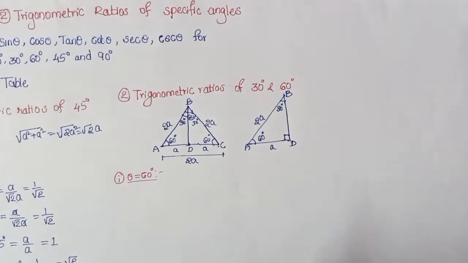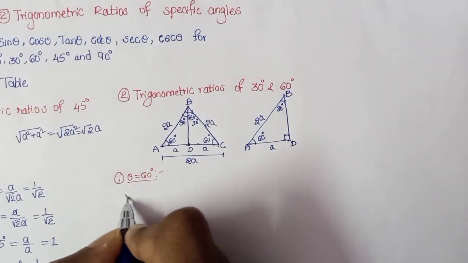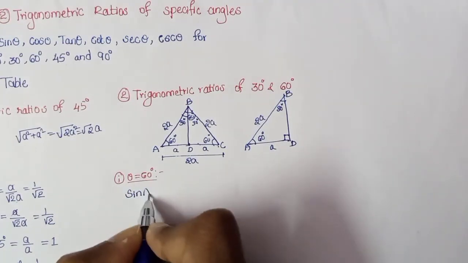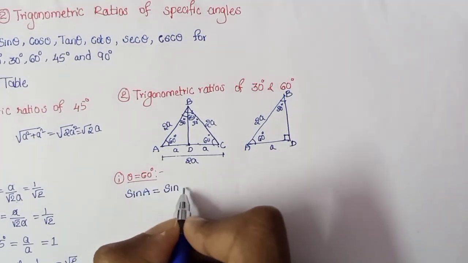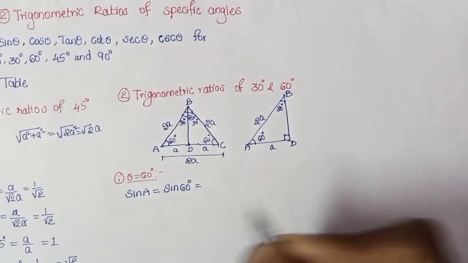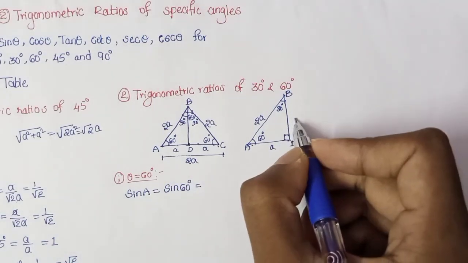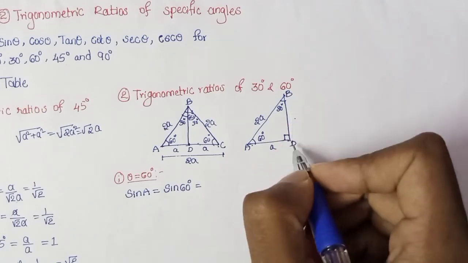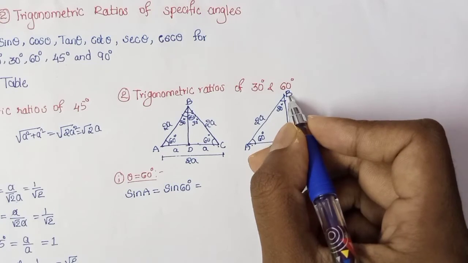For 60 degrees, first consider this right angle triangle. In that, consider sin A. Sin A is sin 60 degrees, which is equal to, here we need to find this side. How to find this side? This is not the hypotenuse, this is the hypotenuse.